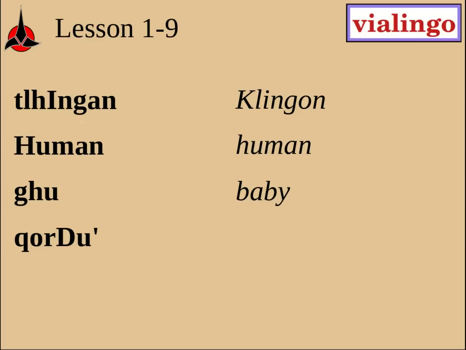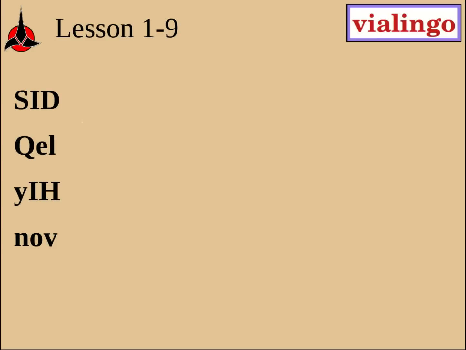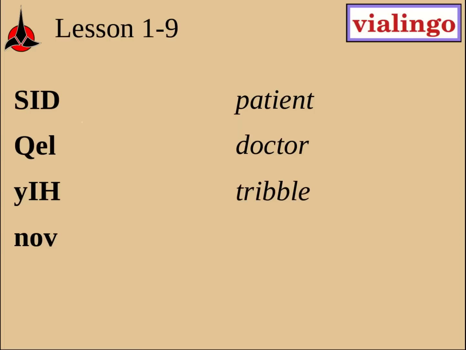For qorDu? Family. For sheed? Patient. For ghItlh? Doctor. For jagh? Tribble. For nov? Alien.